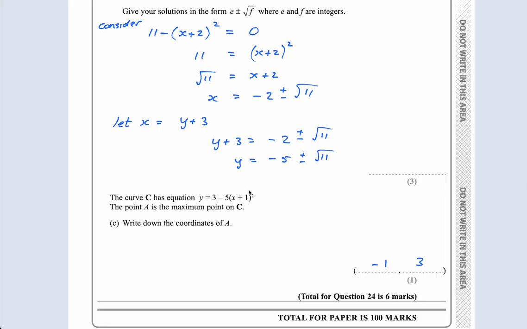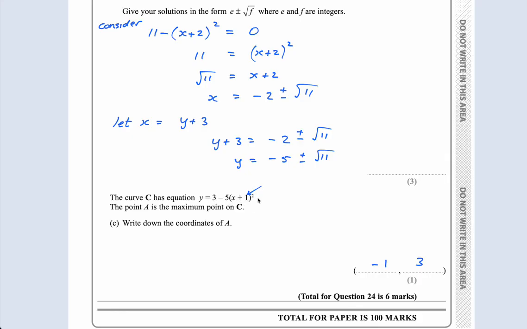It's minus 1 because, whatever this number is, it's the negative of that number. So if that was negative 1, this would be 1. If this was 10, this is negative 10. The x coordinate is the negative of this number. The reason is, how do I make this function as big as possible?